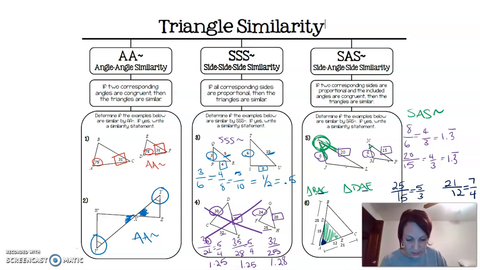It must be after 9 p.m. Is it after 9 p.m.? Let's see. 25 divided by 15 is 1.6 repeating, as I said, and 21 over 12 is 1.75, which is 7/4. So this is 1.6 repeating, this is 1.75.